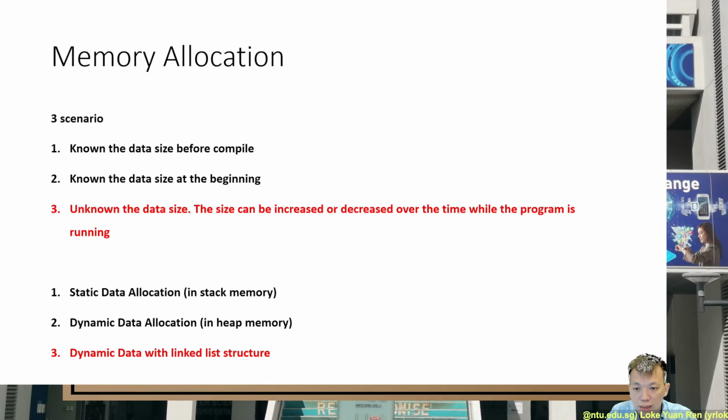So we may face a situation where we need to insert or remove certain data during the execution time. These are things you cannot determine at compile time. And simply using malloc and free is not enough, or is very troublesome.